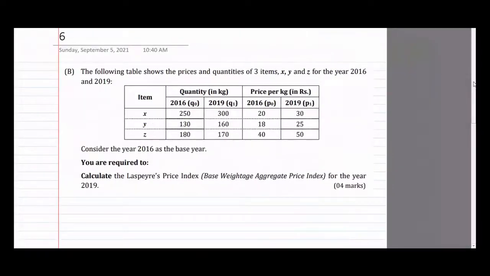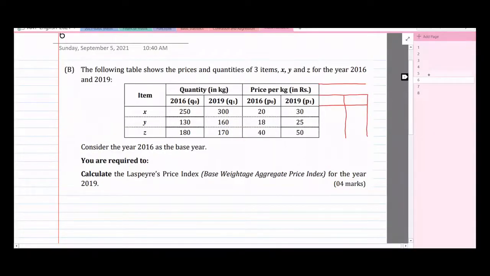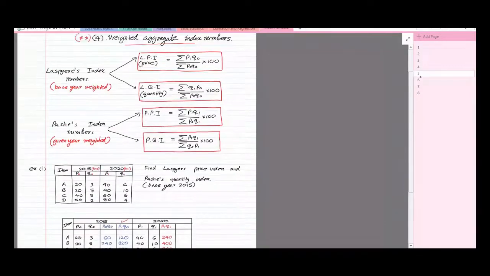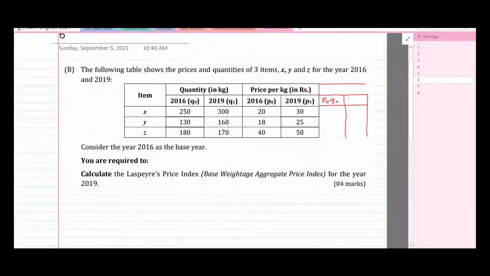Now you try this one. Find the Laspeyres price index. I'm not going to draw this again, I just add it here, but you don't do this in the exam. Last year's formula is P1 Q naught over P naught Q naught. Take P naught Q naught and P1 Q naught.